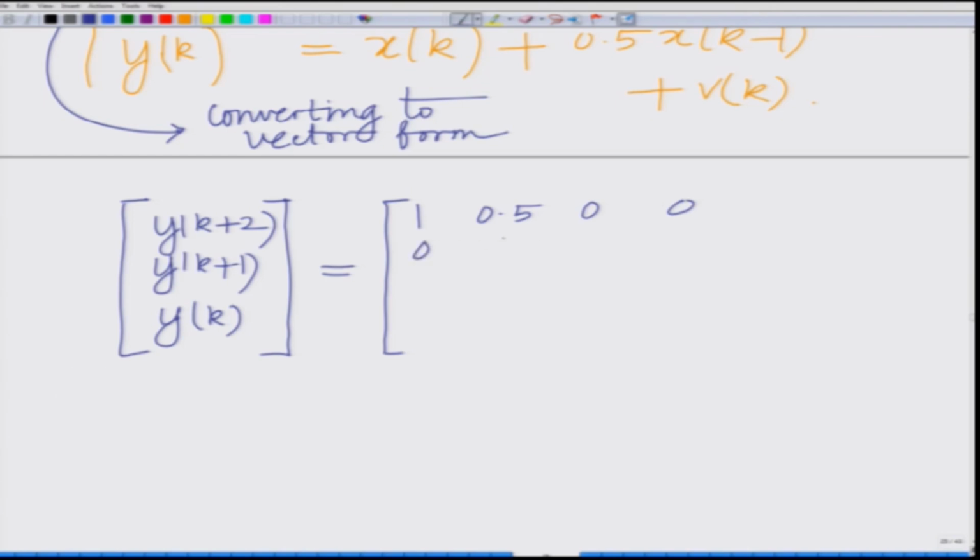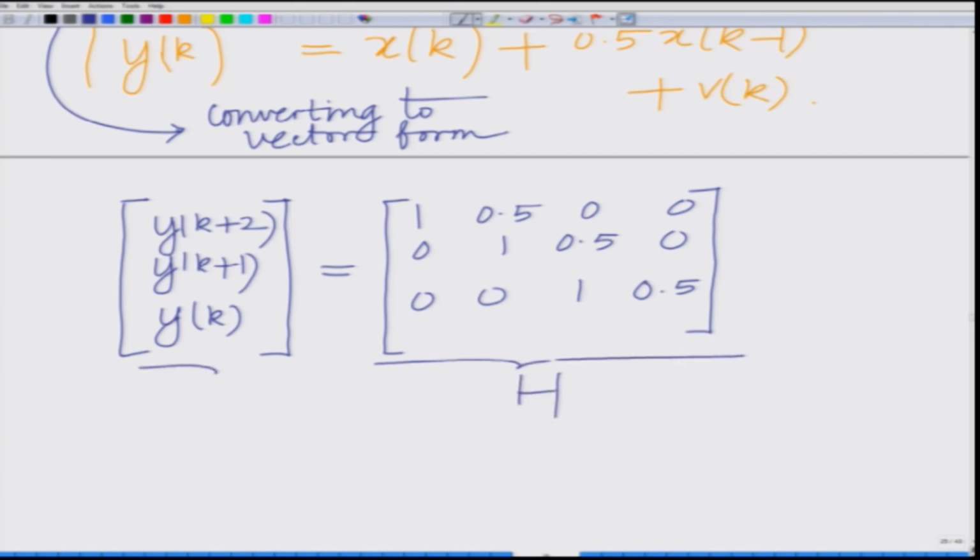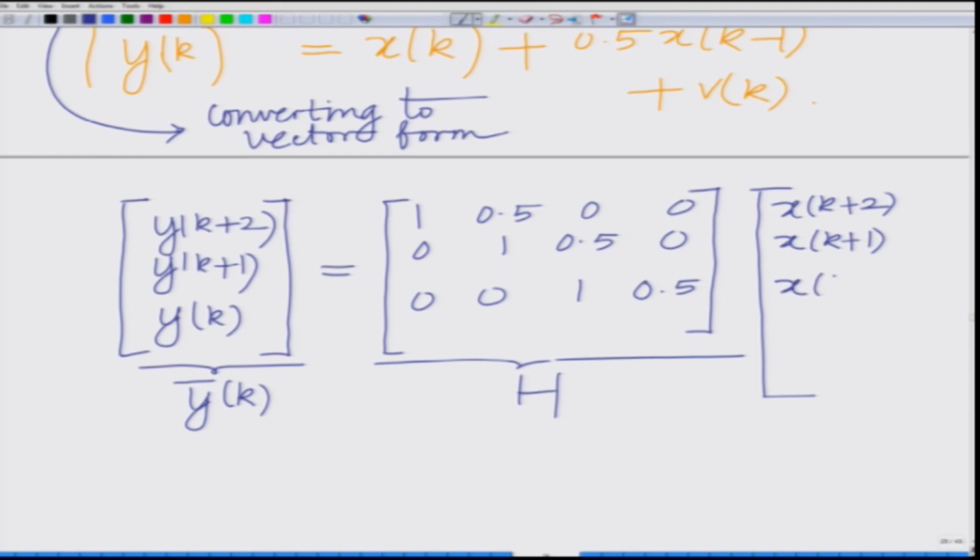the matrix [1 0.5 0; 0 1 0.5; 0 0 1 0.5]. This is our matrix H, times your vector xk+2, xk+1, xk, xk-1.